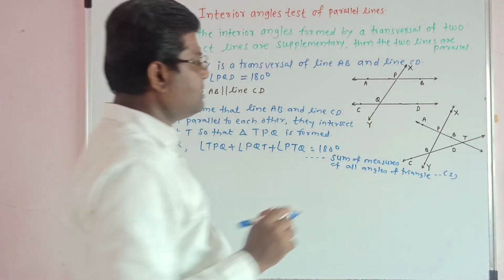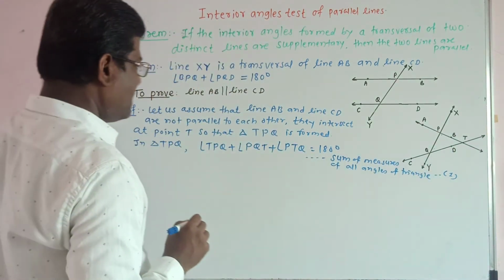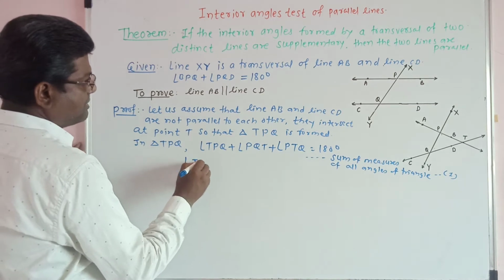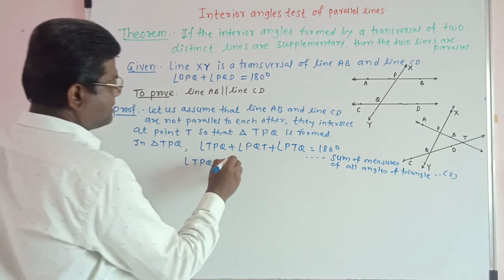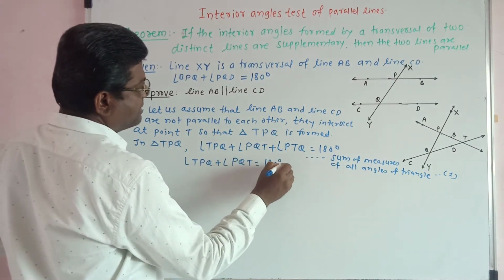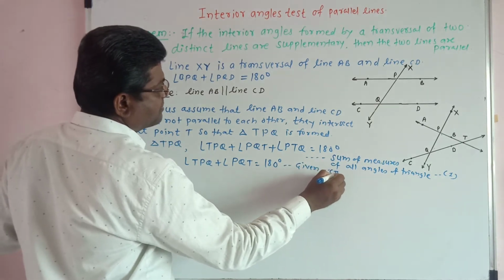Now it is given that the sum of these two angles is 180 degrees. Therefore, angle TPQ plus angle PQT is equal to 180 degrees. It is given. This is equation number 2.